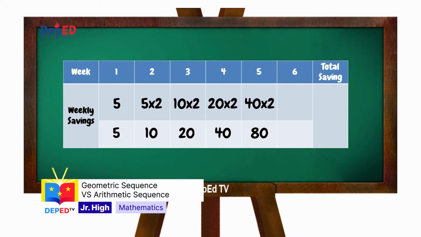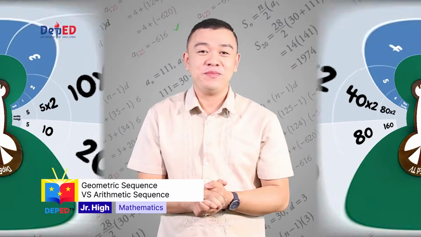Try it yourself. I'll give you 5 seconds. Well, on the sixth week, you should save, that's right, 160 pesos.